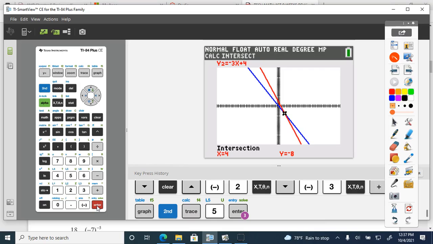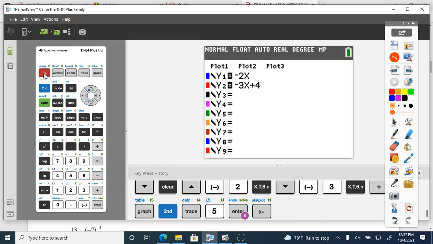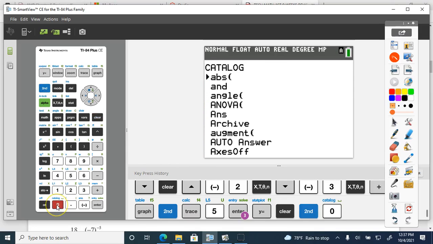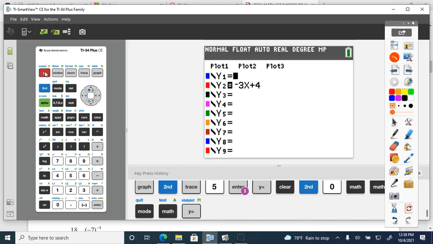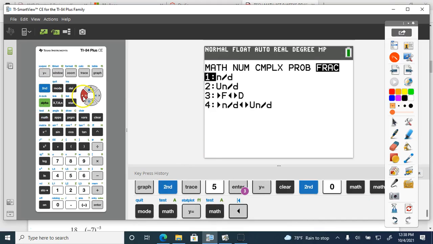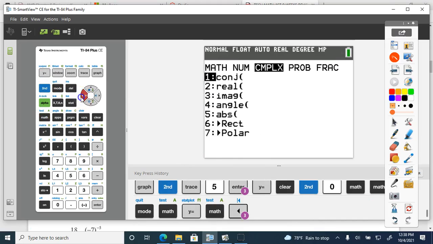All right. Ready for 13? 13, what's the left side? We've got to do the absolute value. Absolute value of negative 3x. Do y'all remember how to put absolute value? You hit second, 0 is the quickest way to get there. That is not the only way. You can also hit math, and you have to scroll over to num, and it's the very first one.